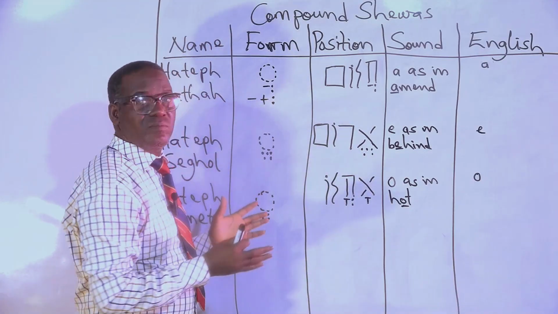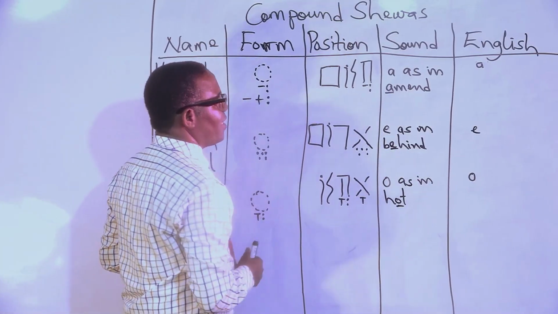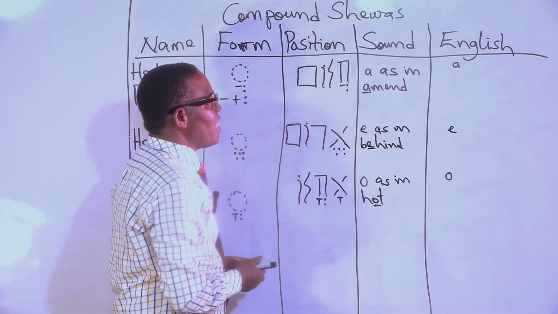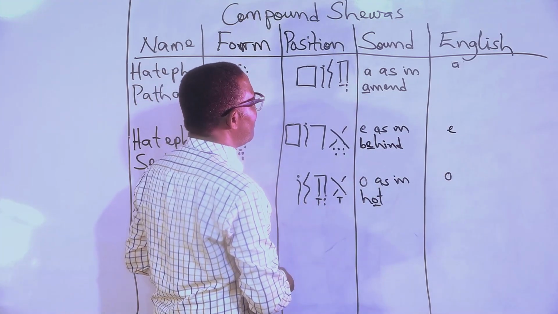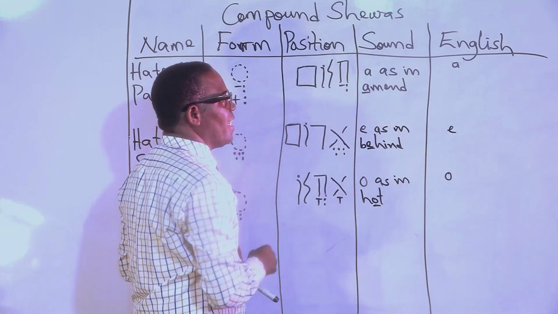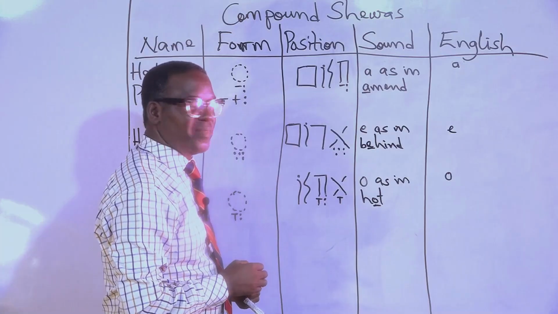That's the combination. And this is the position under the consonant. Then it sounds like the small a in Amen. Very brief.